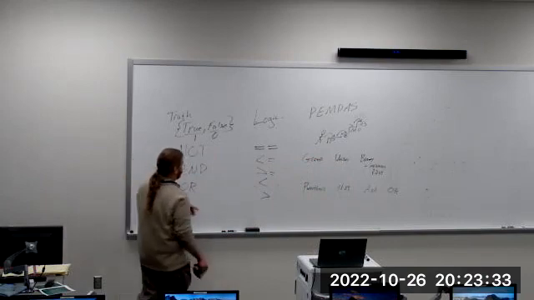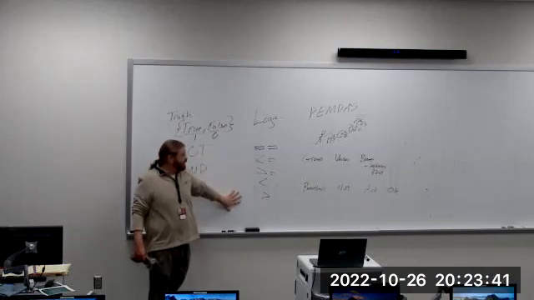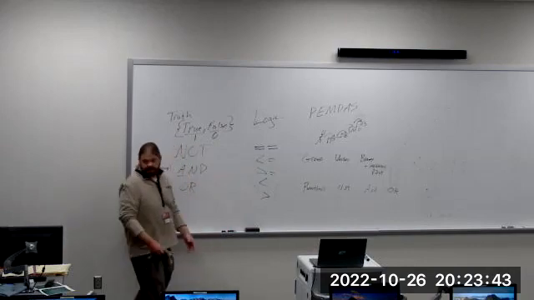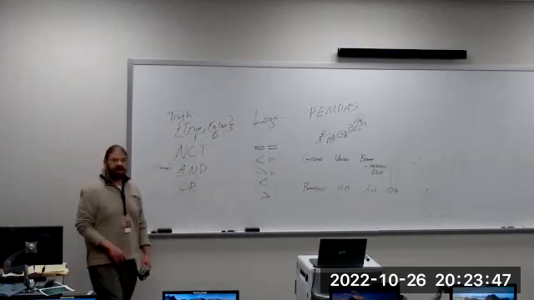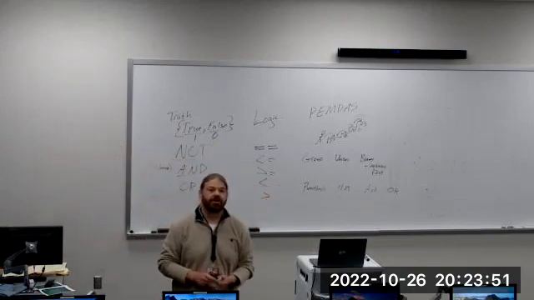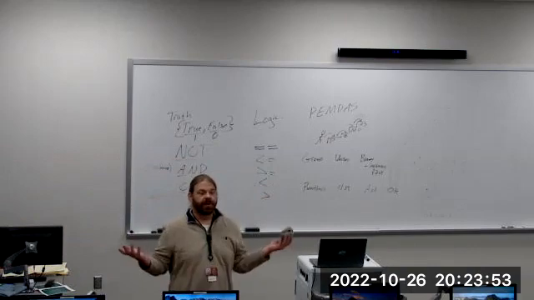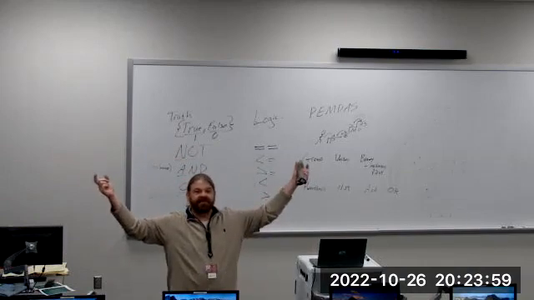Oh, and this happens in the arithmetic logic unit as well, because to compare things, all we do is subtract. If we want to compare two numbers, so let's say 3 and 5.